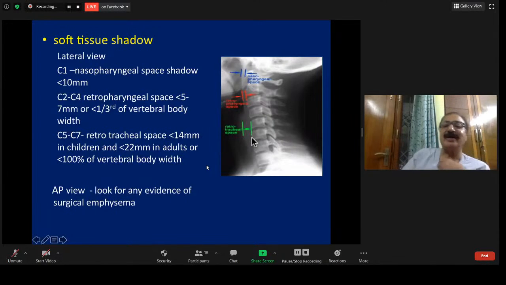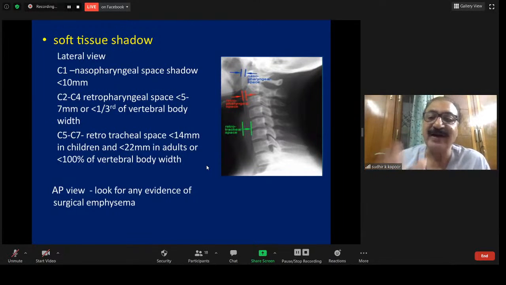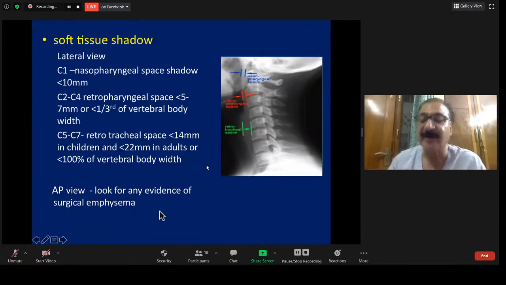These are the normal dimensions of the soft tissue shadow seen in the cervical spine. If you find any changes, then you must suspect a pathology. In the AP view, while talking about the soft tissue shadows, you must make note of any surgical emphysema, which may be seen in a case of C7 vertebra.